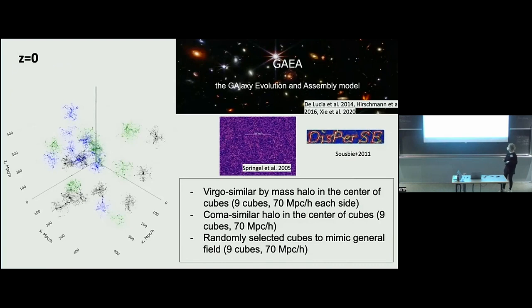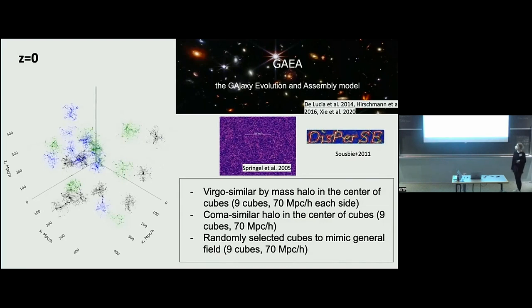And to identify filamentary structure, we use DisPerSE, the most common tool for identification of filamentary structure. We select 27 cubes at z=0, and 9 of these cubes have a Virgo-similar halo by mass in the center of the cube, and 9 of them a Coma-similar halo in the center of the cube.